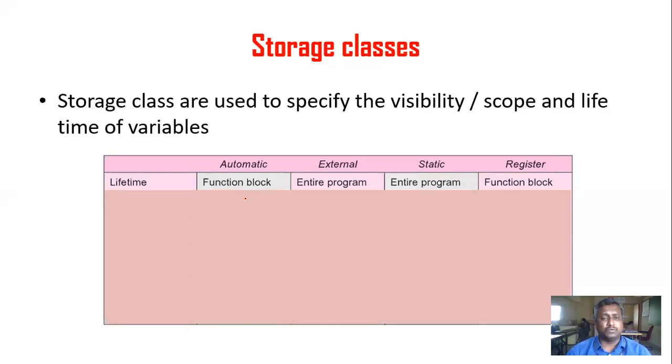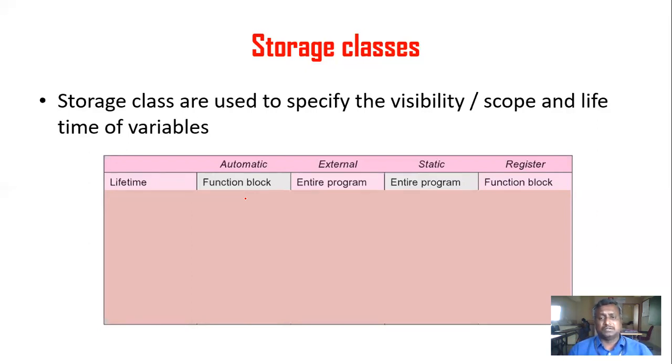Otherwise, when it comes out of the function, the variable will be destroyed. Then we have external, another storage class. The external storage class will have the lifetime throughout the program. That means until you complete the last line of the program, this particular variable is alive.